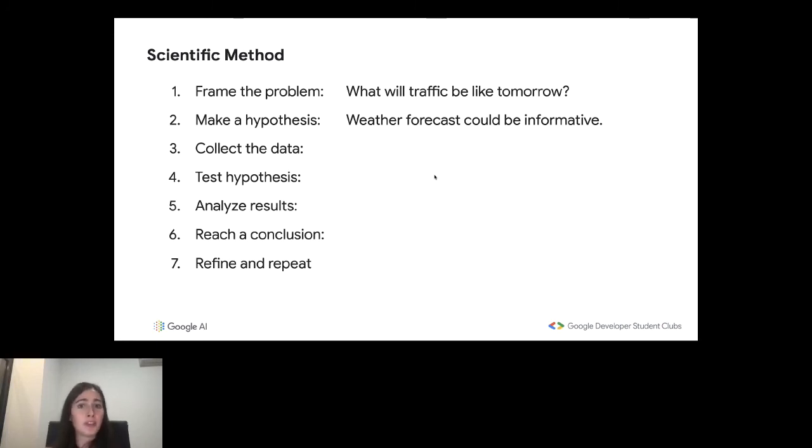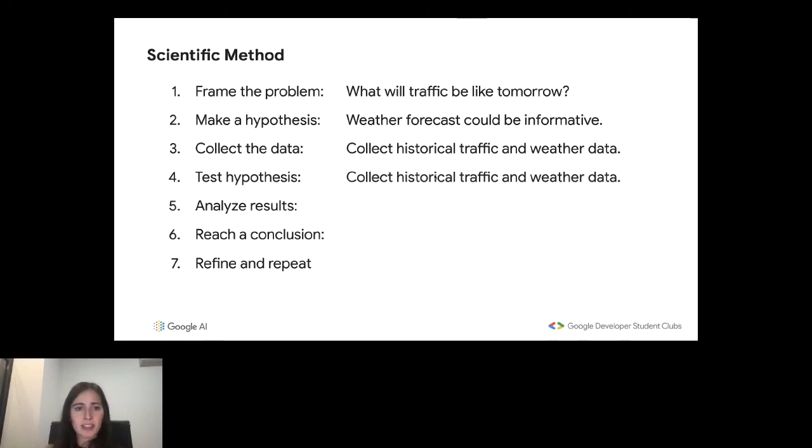So how do we know if it's informative or not? Well, we need to first of all gather the data. Do we have this data? How can we gather it? So let's assume we have a data set of historical data of traffic that we have in a specific city, for example, every day of the year, and which was the weather in that specific day.